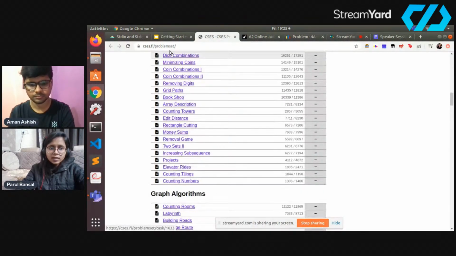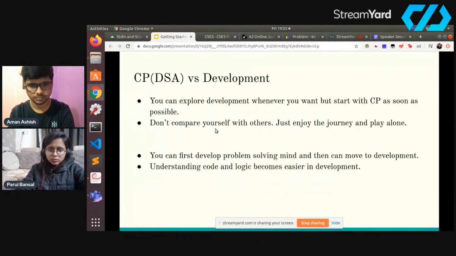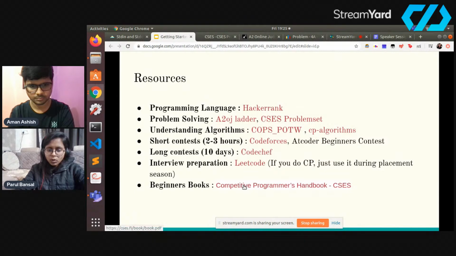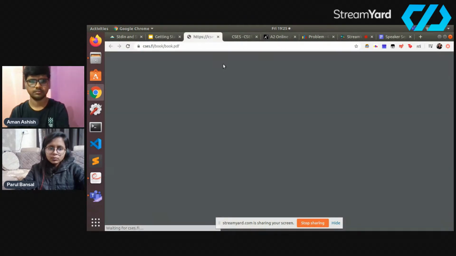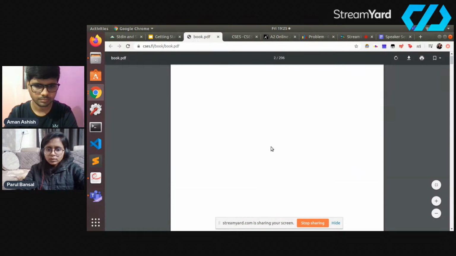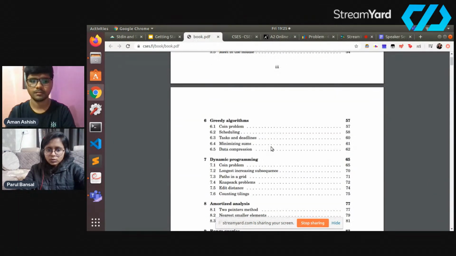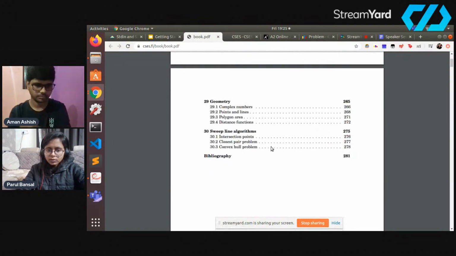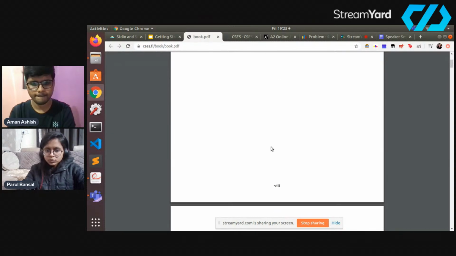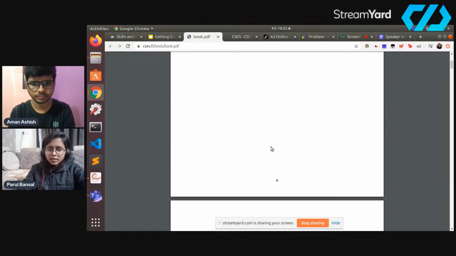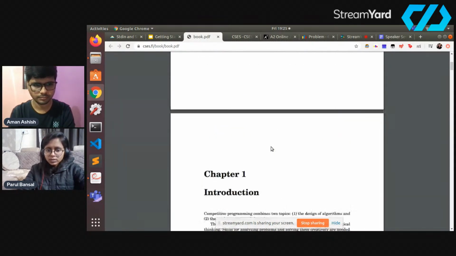Okay, and yeah, there is a book for this also, the Competitive Programmer's Handbook. In this book, initially you will be told about STL and all. If you choose C++ as a language, then STL will be used very much.